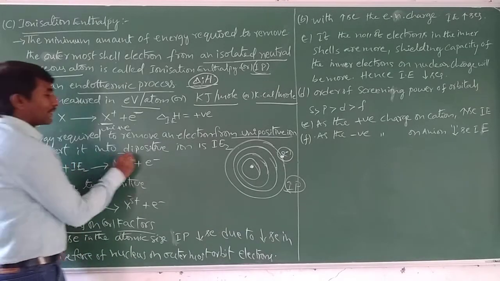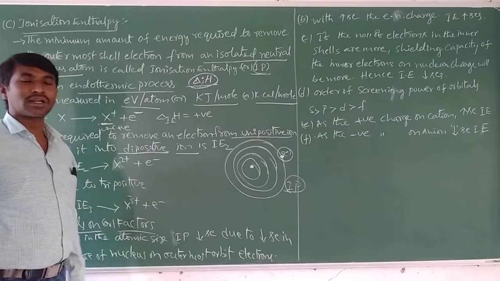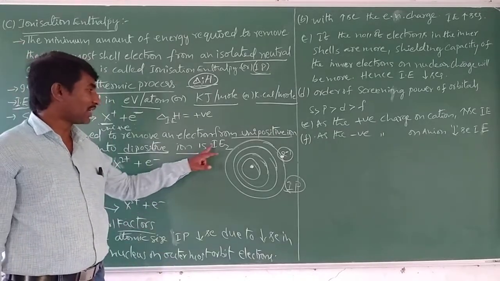Converting the unipositive ion into a dipositive ion is called the second ionization enthalpy, IE2.